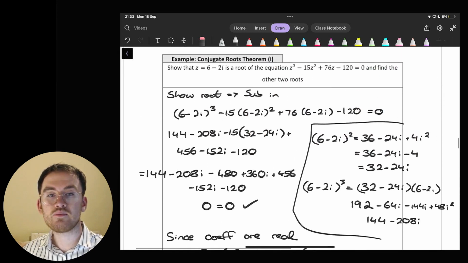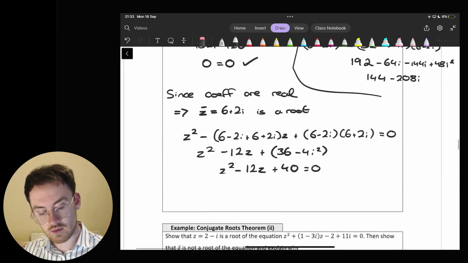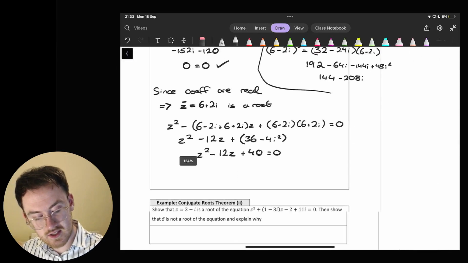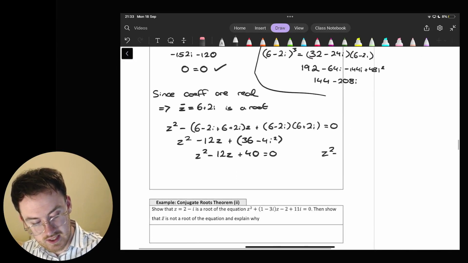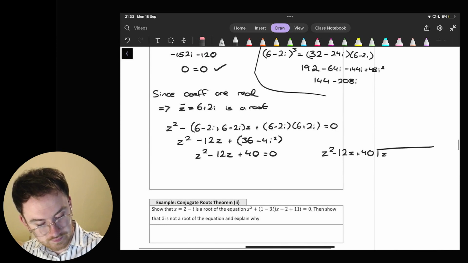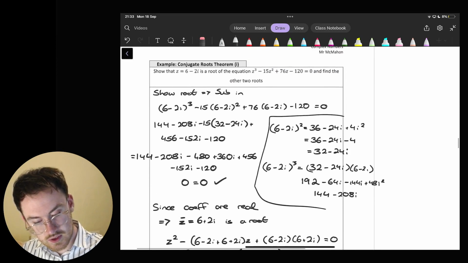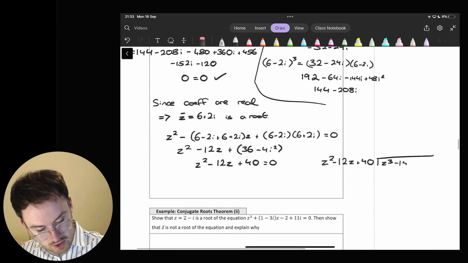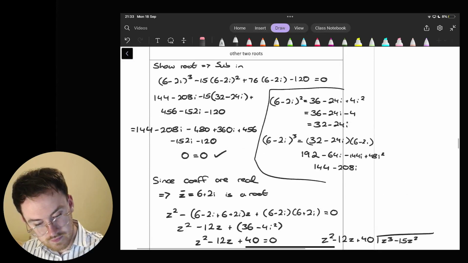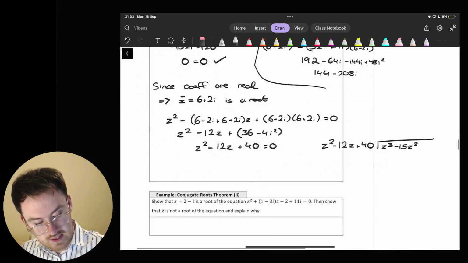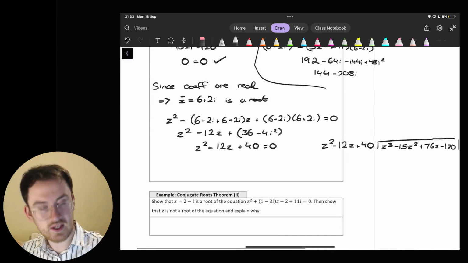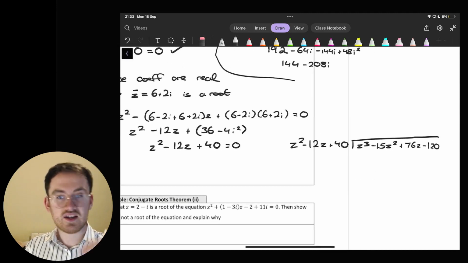Then because we have a cubic here, we're going to divide our quadratic into the cubic to see what answer we get. So doing some long division: z cubed minus 15z squared plus 76z minus 120. We're dividing our quadratic into our cubic.